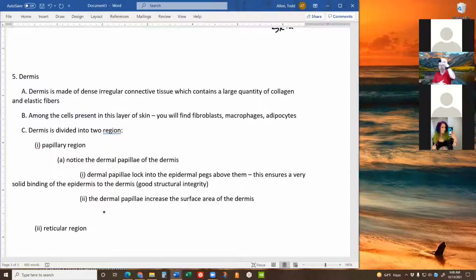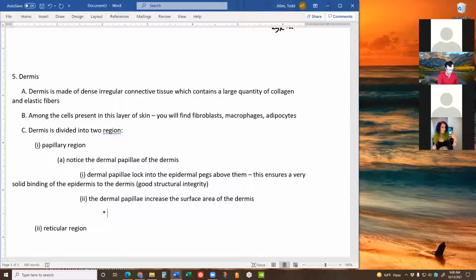They happen to form a loop, so we call them a capillary loop. So what I'm telling you is the very closest or most superficial exposure of your blood supply reaches into the dermal papillae of the dermis. That is as close to the surface of your body as a blood vessel will ever reach.